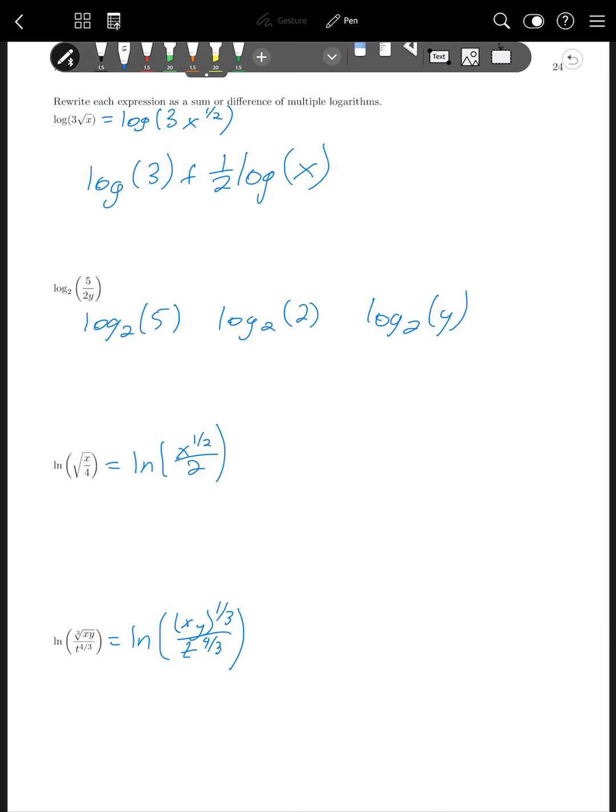And log base 2 of 5 is in the numerator, so that's positive. 2 is in the denominator, so that's a minus 2. And the log base 2 of y, the y is also in the denominator, so that's also negative. And now we can actually simplify this further, because what's log base 2 of 2? Well, those have the same base, so that's just 1.